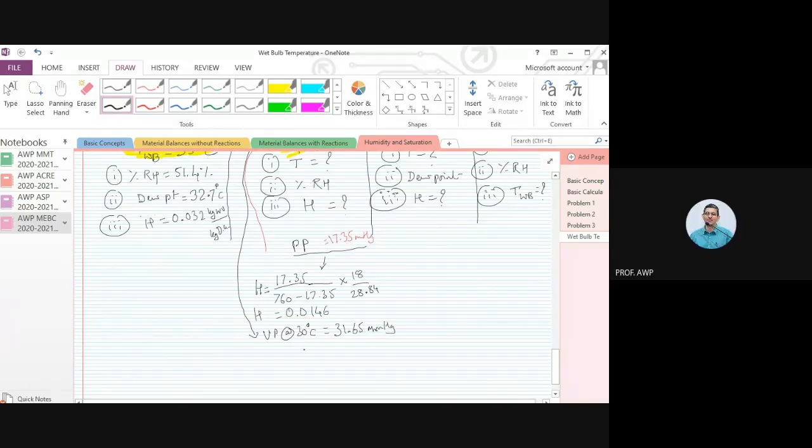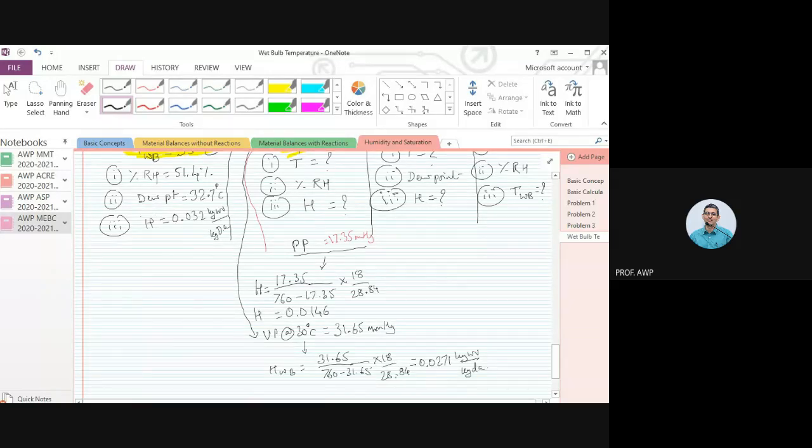Then from this vapor pressure, you calculated the humidity at the wet bulb condition, near the wet cloth of the wet bulb. So that will be 31.65 divided by (760 minus 31.65) into 18 divided by 28.84. How much is this number? 0.0271 kg of water vapor per kg of dry air.